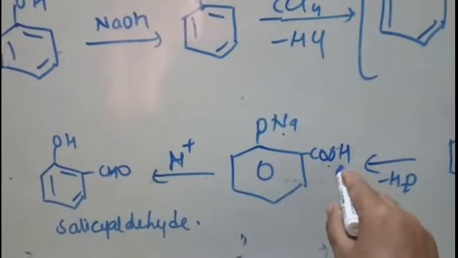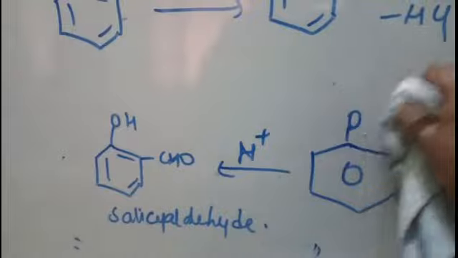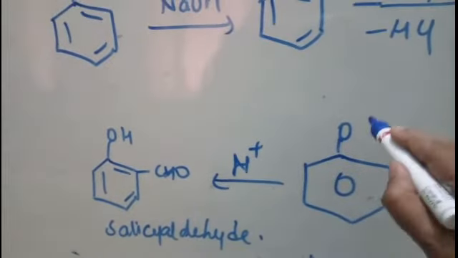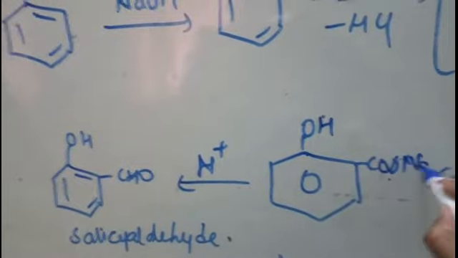When we have a carboxylic acid group and an alcoholic group, the sodium salt of the carboxylic group is more stable than the sodium salt of the alcohol. So interchange of this ion will take place. So here OH will come, here COONa will come, right? And further it will react with NaOH.